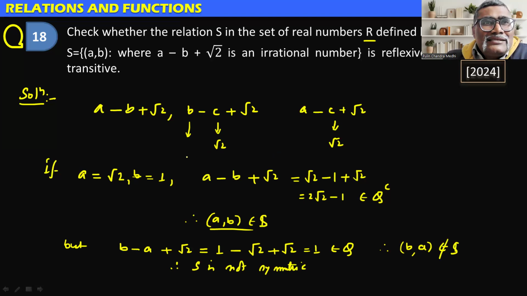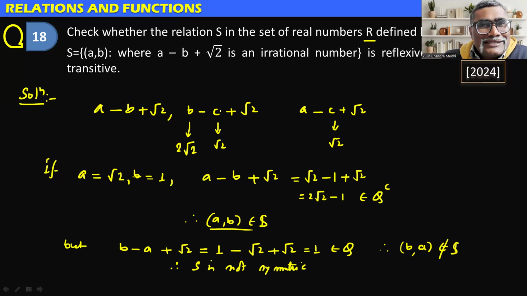So let us make it easier. Let us make it a little easier to root. So root 2 and minus root 2 got cut, and this entire sum is 2 root 2, so it is irrational.